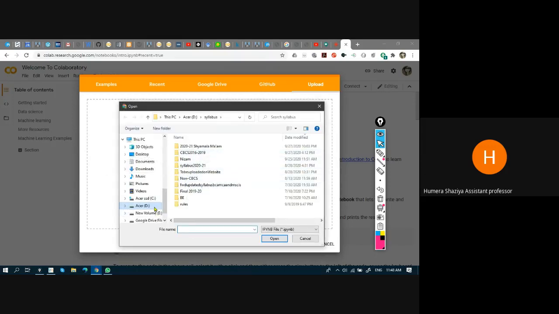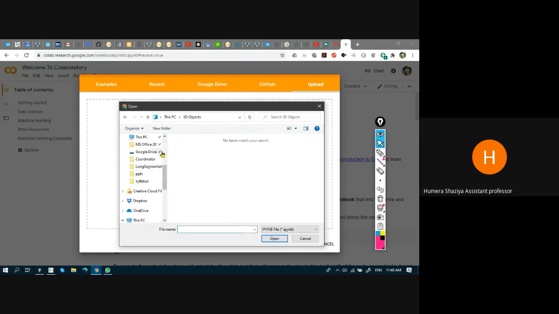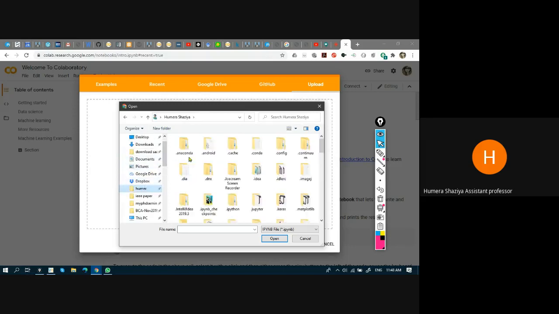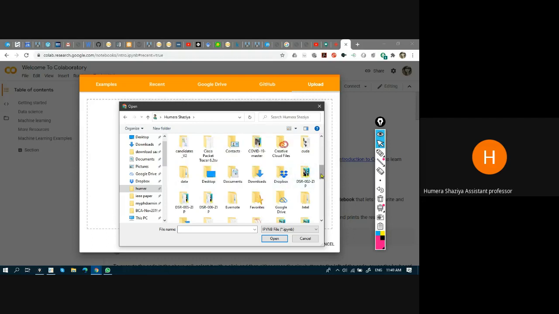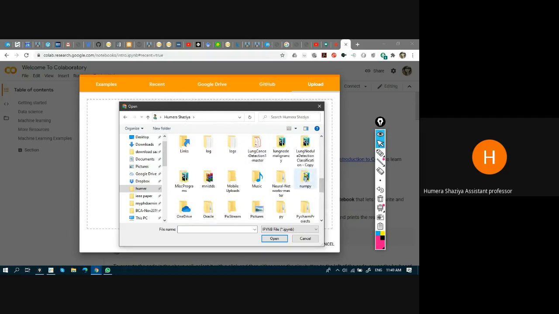I have several programs in my local system, so I can upload the program into Colab and execute on cloud environment. I can execute in my system as well. However, it is convenient. Anywhere I can execute any program on any machine, on any device.